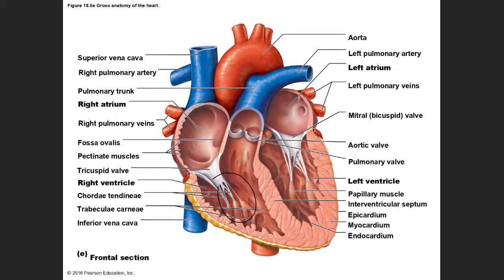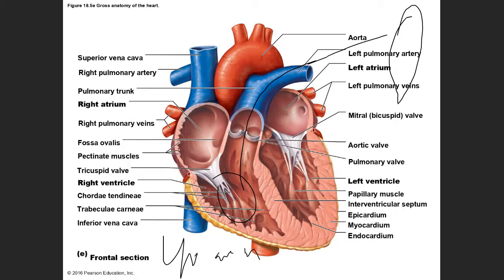The right ventricle is responsible for pumping blood to the lungs. Okay? And the pressure of contraction is, of course, low. It's about 40 millimeters of mercury. Why? Because the lungs are a short distance.